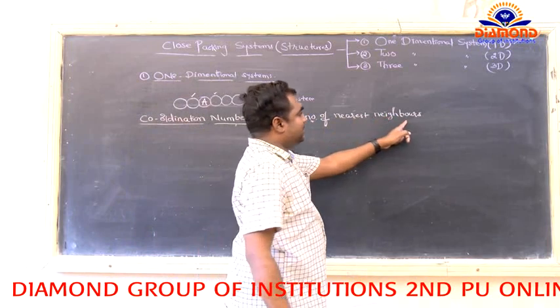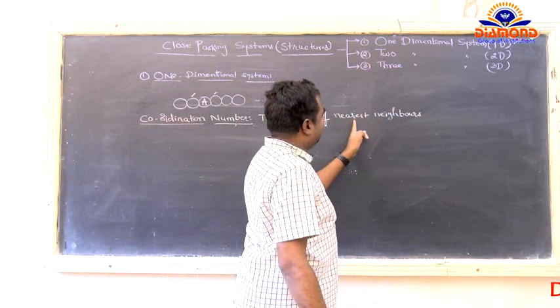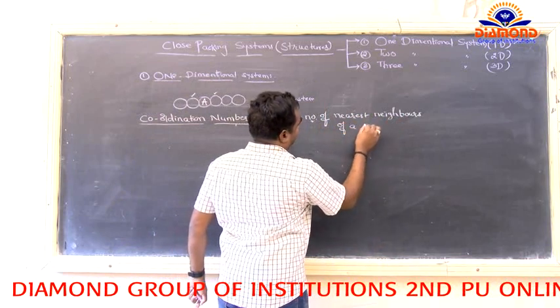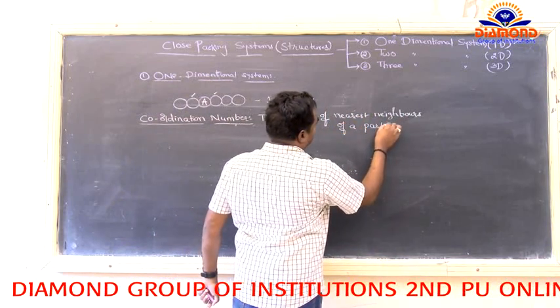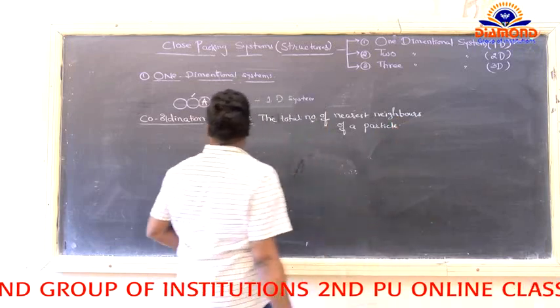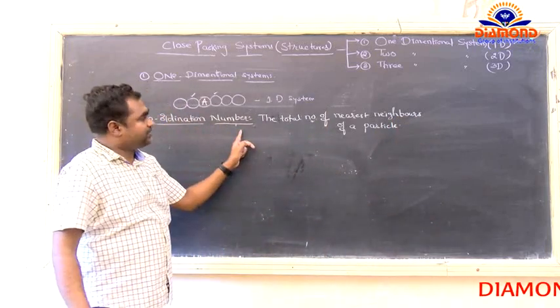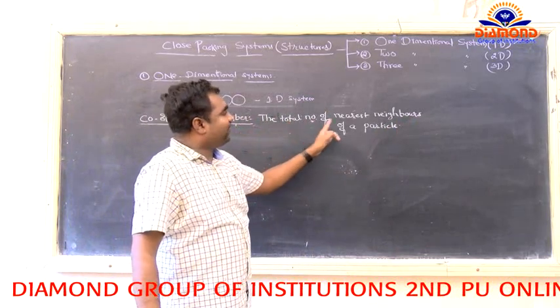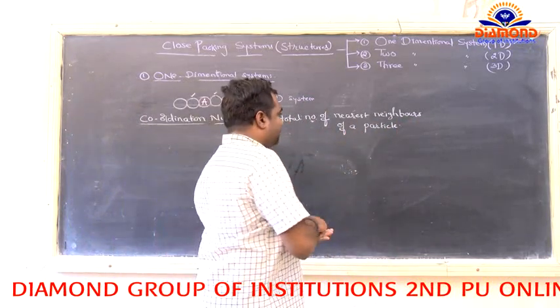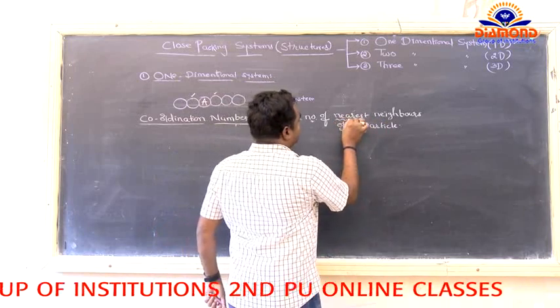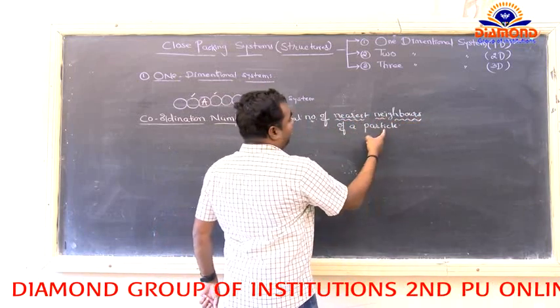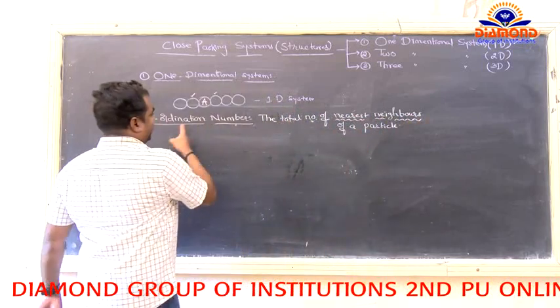The total number of nearest neighbors of a particle is known as the coordination number.